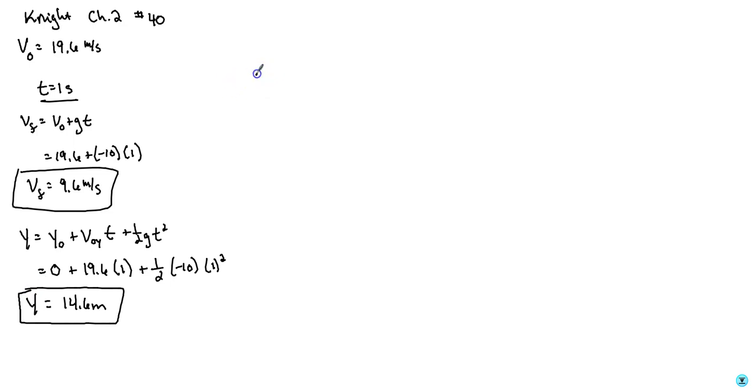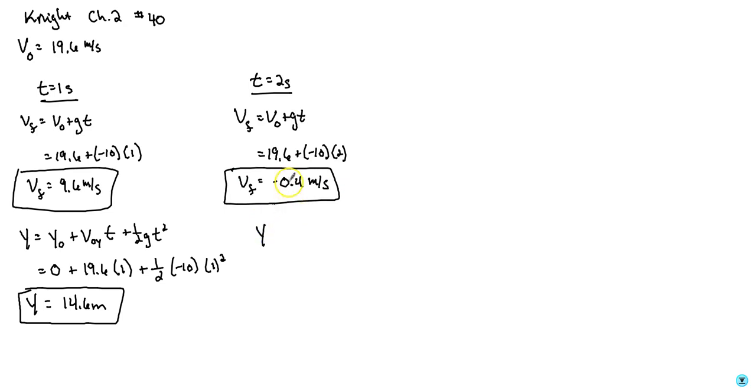Now if we do time equals 2, following the same process, 19.6 plus negative 10 now times 2, we find that the final speed is going to be negative 0.4 meters per second.